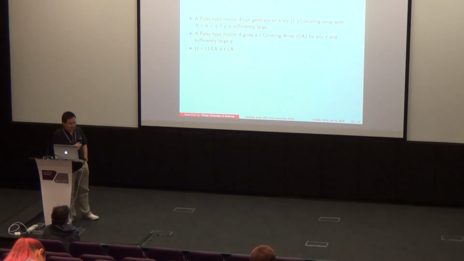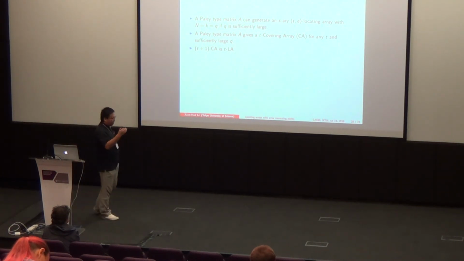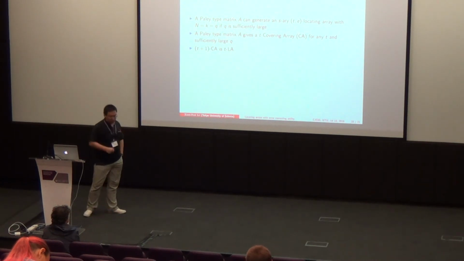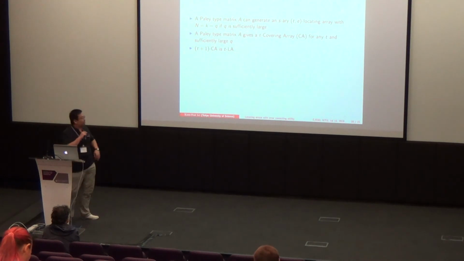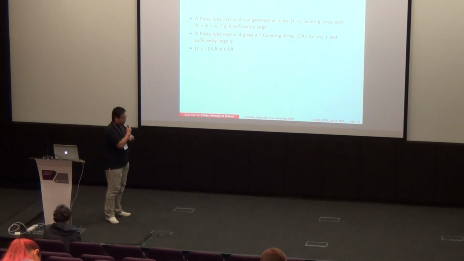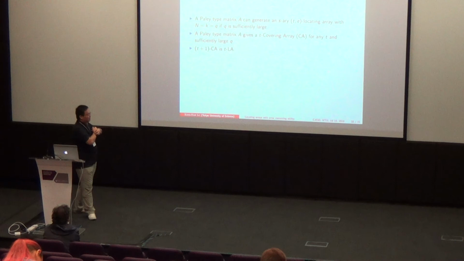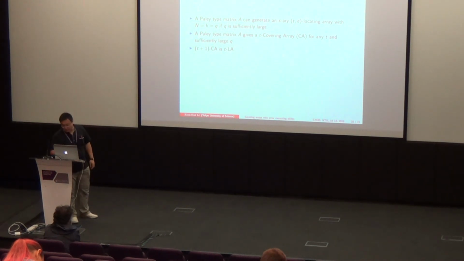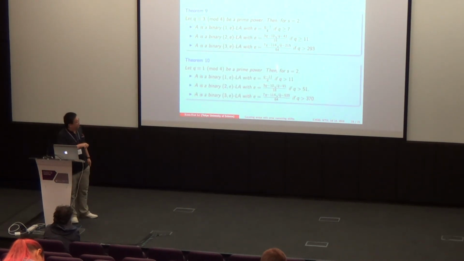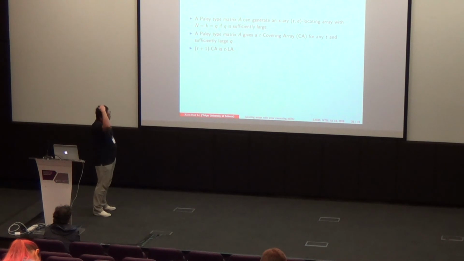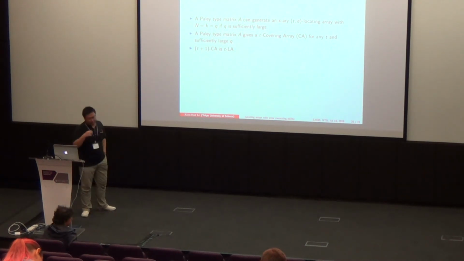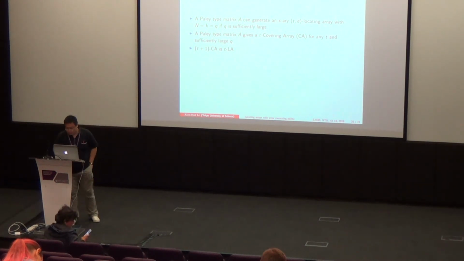So it is not surprising that the Paley matrices give us constructions of locating arrays, but maybe it is a little bit hard to evaluate the concrete numbers of the error correction abilities for covering arrays, so here we do a concrete calculation. But this result is not so surprising.